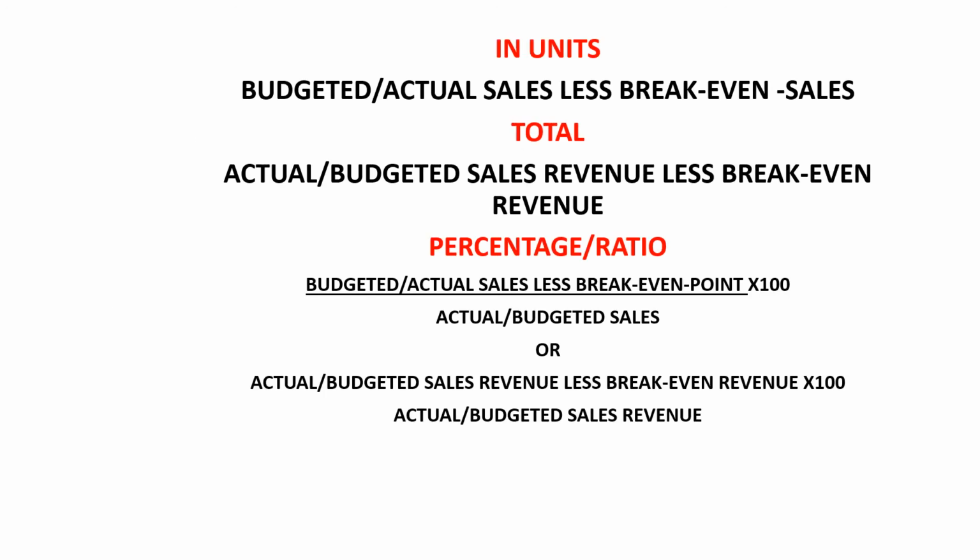Then these are the formulas in units, in total, or percentage or ratio. Number one in units is budgeted or actual sales less break-even sales. Number two, total margin of safety, actual or budgeted sales revenue less break-even revenue. Number three, percentage or ratio, we can use any of the two to get the ratio.